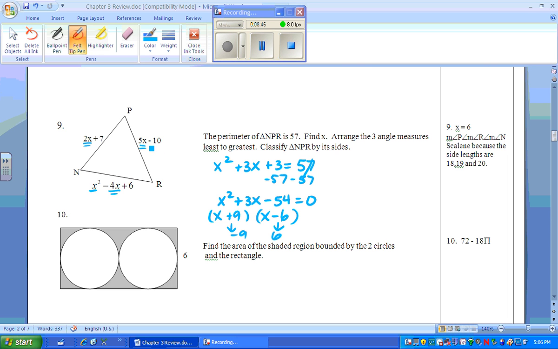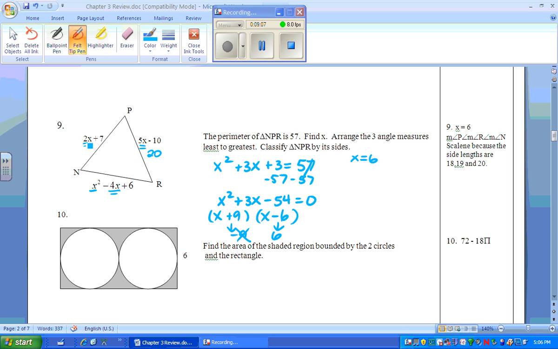When I plug negative 9 back in here, I get negative 45 plus, minus another 10, so I get negative 55. So negative 9 does not work. So x equals 6. Arrange the angles from the least to the greatest. Well, when I plug it in, I get 30 minus 10, so this length is 20.